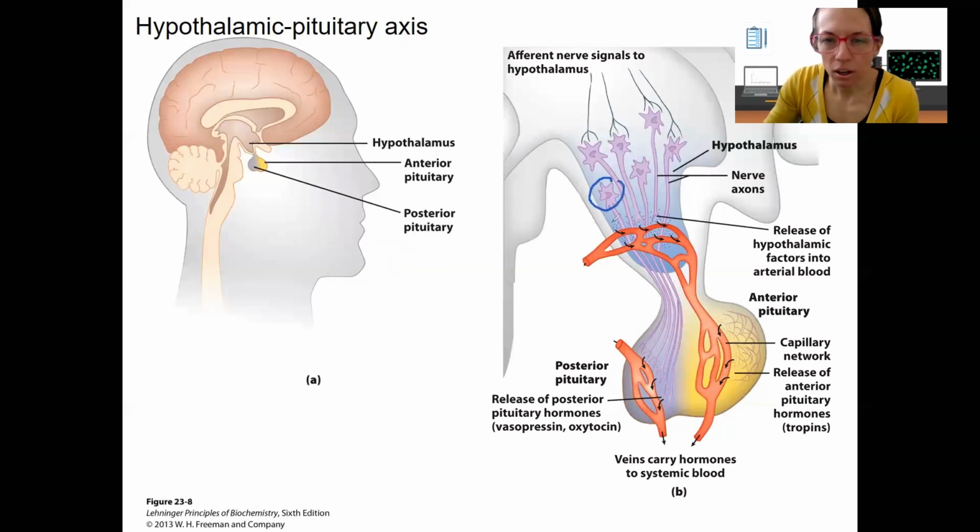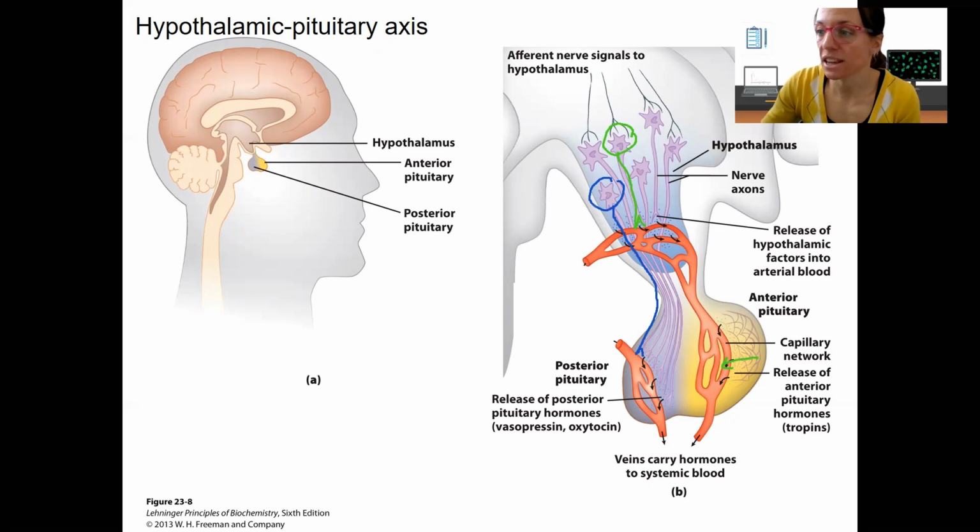These ones are going down and traveling all the way down here to the posterior pituitary, just like I just drew for you. I'm going to choose a different color here. These ones are traveling just right here to release hormone into this portal system that then travels to the anterior pituitary, and there are going to be different hormones produced in the anterior pituitary.